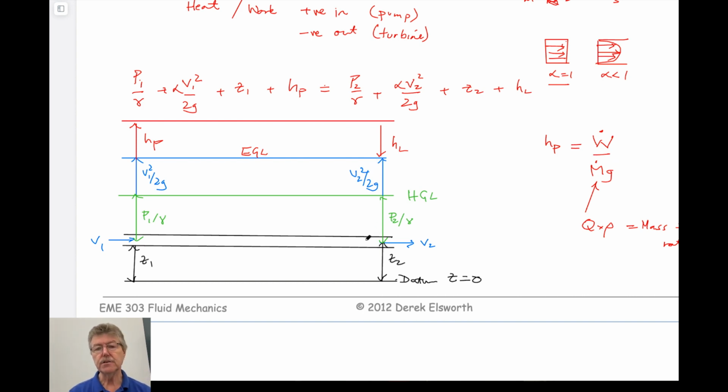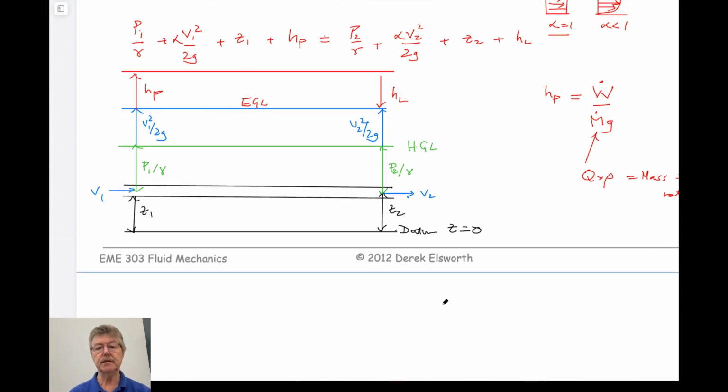The energy grade line is the total energy head, including the velocity head. Then if it's a pipe which is of constant cross-section, these have to be the same upstream and downstream. If the pipe is horizontal, Z1 and Z2 have to be the same upstream and downstream. And therefore, by definition, the pressure upstream and downstream have to be the same as well. So there's no pressure loss in the system.